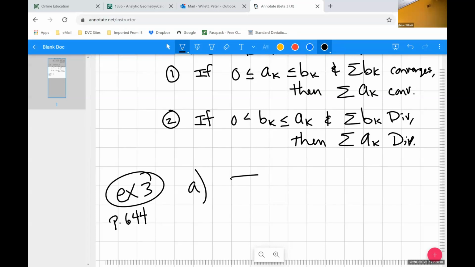And on this one, we have the summation as k goes from 1 to infinity of k to the third over 2k to the fourth minus 1. So here's the thing about the comparison test. They're not going to give you both series. They're just going to give you a new series. And you have to look at it and try to determine whether you think it converges or diverges or not.